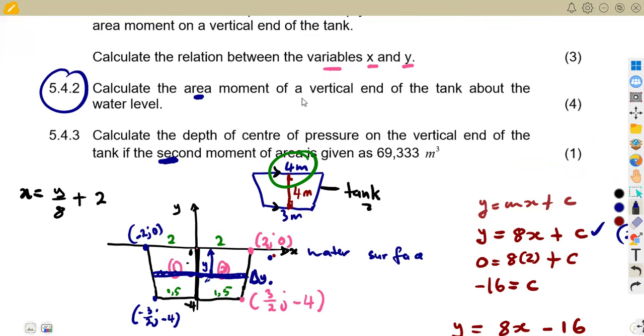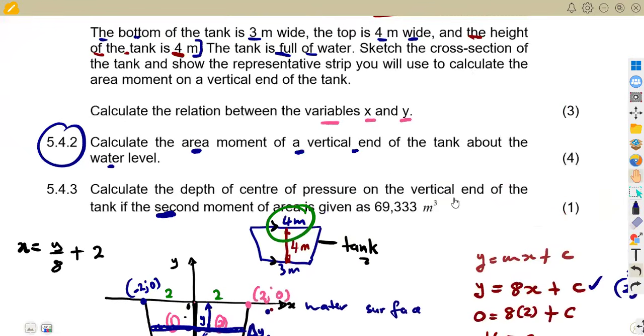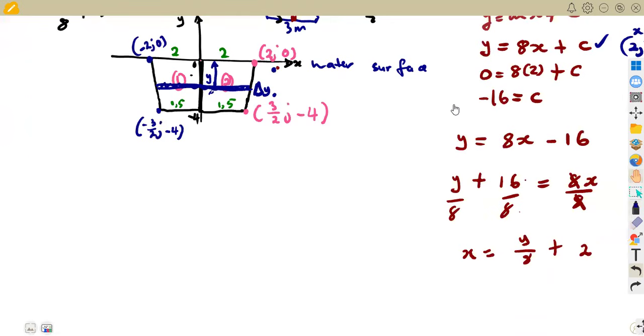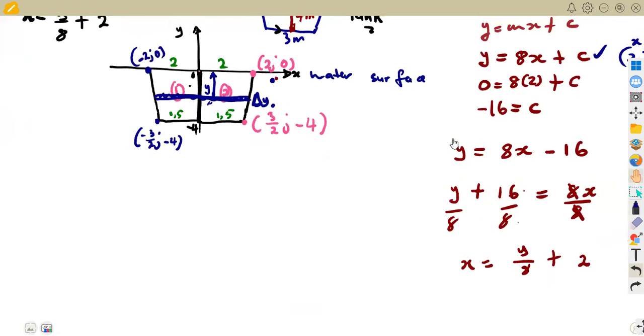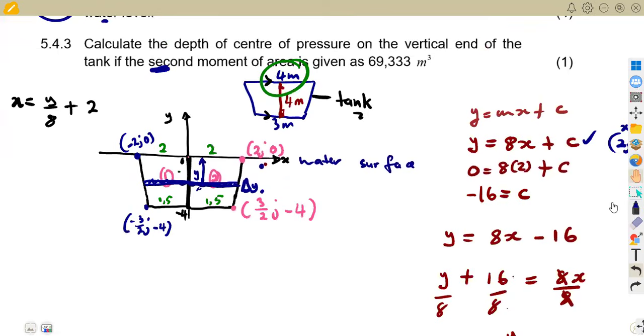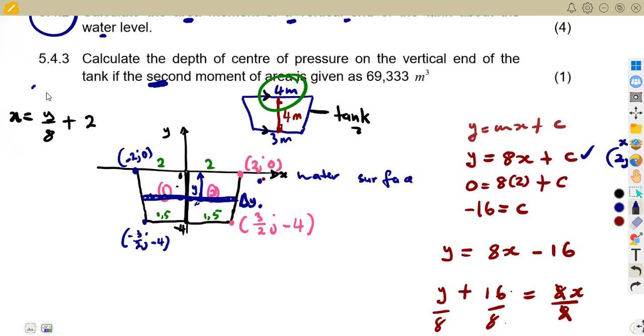Of a vertical end of the tank about the water level, meaning according to the condition that you are given before. Do not worry, just take it from your diagram. As you can see from our diagram, everything is there. We can interpret from there. So this was our 5.41. Now we need 5.42.